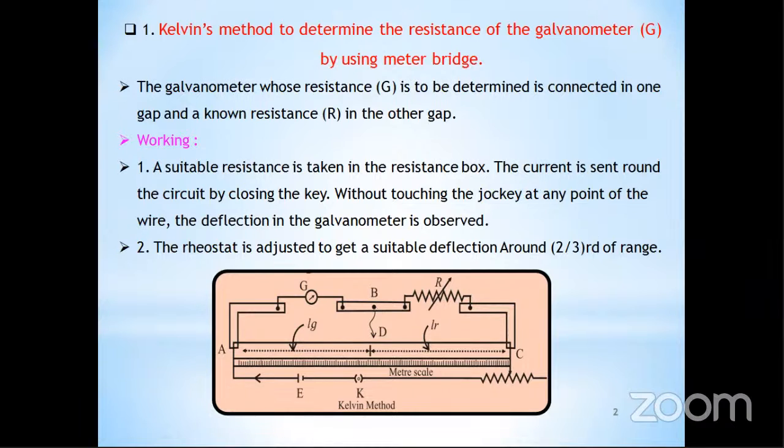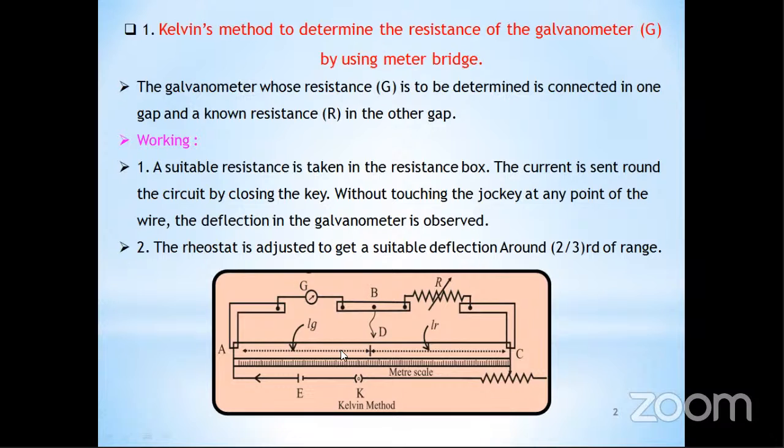Here I said half deflection, not null deflection. The rheostat is adjusted to get a suitable deflection of around 2/3 of the range, that means near about 50-50.